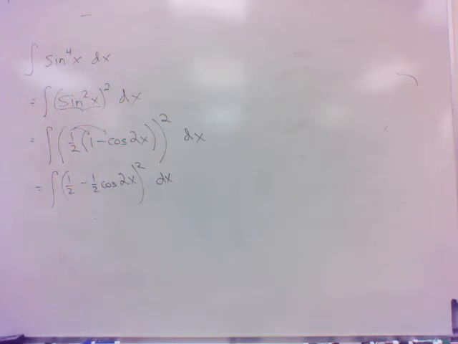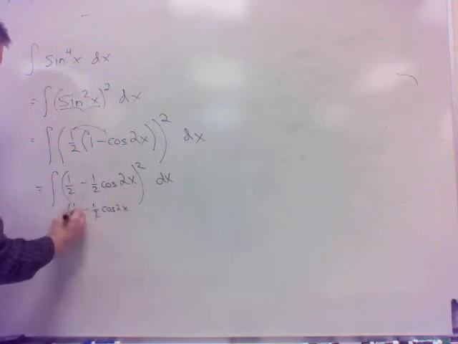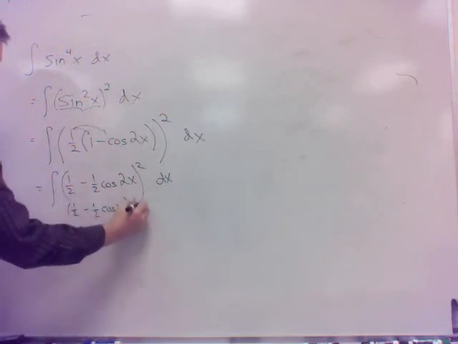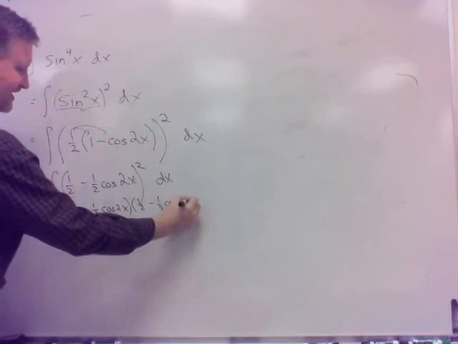But guess what I have to do? I do have to square this out. One half minus 1/2 cosine 2x times 1/2 minus 1/2 cosine 2x. You got to square that thing out.